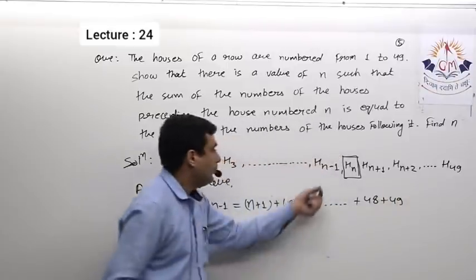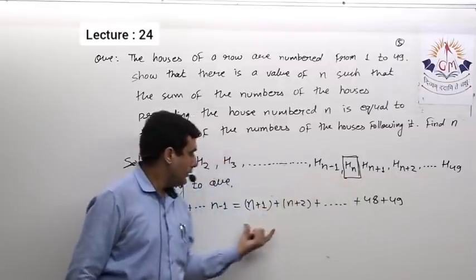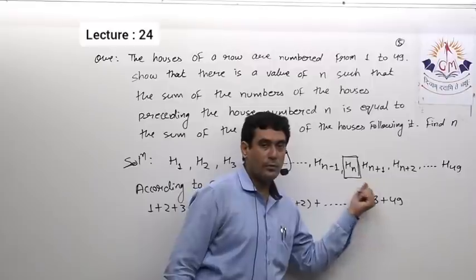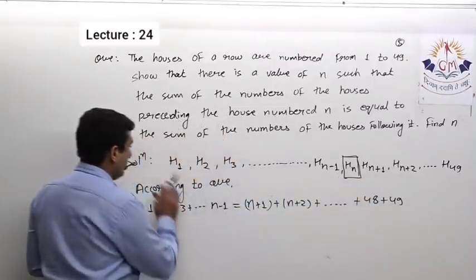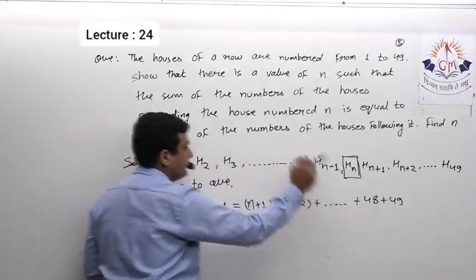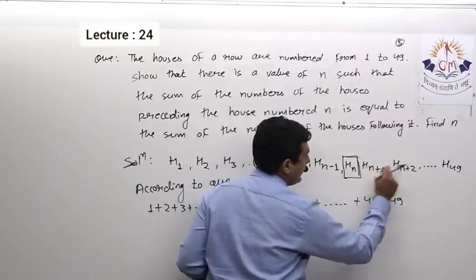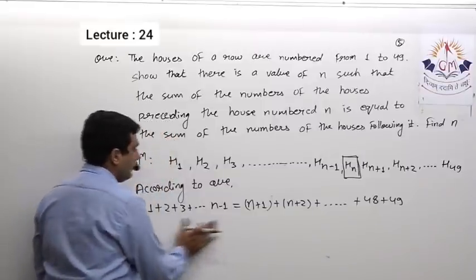Okay, the sum of the numbers of the houses before the nth house is equal to the sum of the numbers of the houses that come after house number n. So 1 to n minus 1 should be equal to the sum of the numbers which come after n, that means n plus 1, n plus 2, up to 49. So this sum should be equal to this sum.